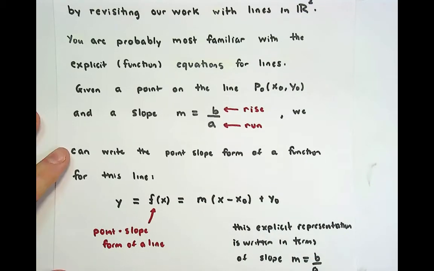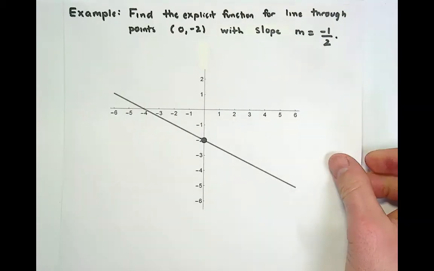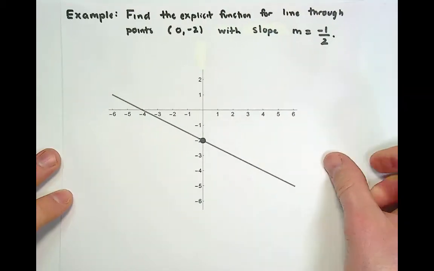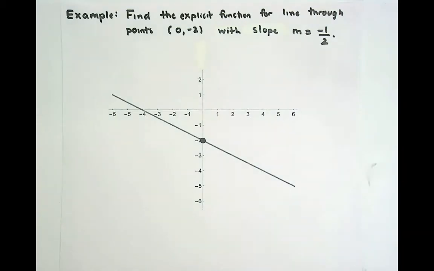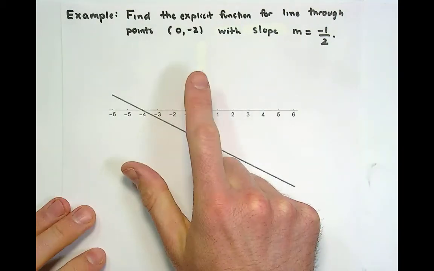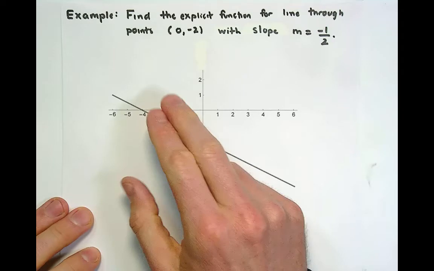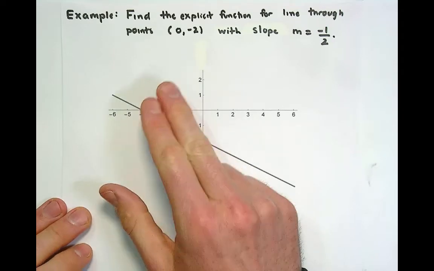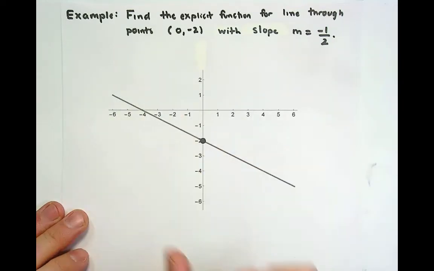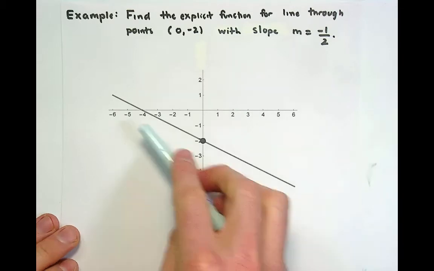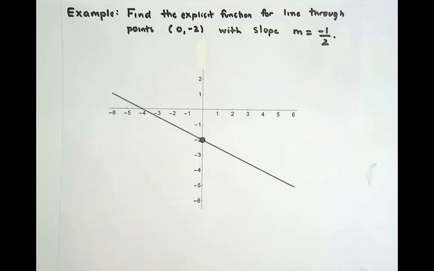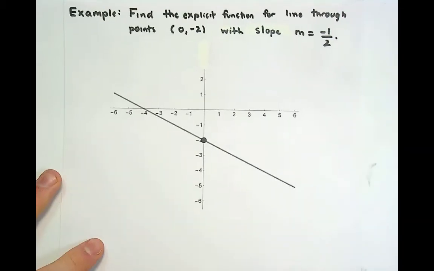And we can take a look how to use this general form, which we're quite good at this point in our career. So suppose, like we did in lesson 5, you're asked to find the explicit function representation of a line through point (0, -2) with slope -1/2. Here we graph this using the plot command in Mathematica.